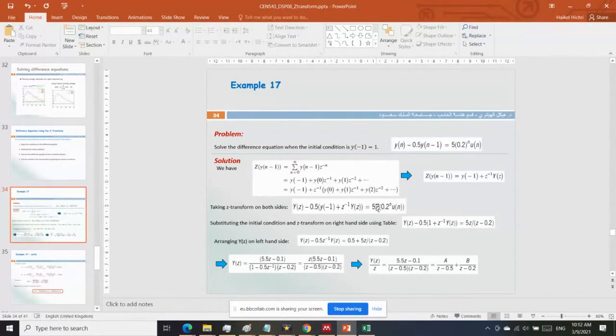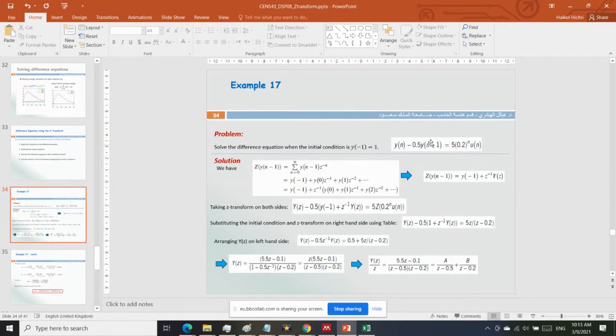So the first step, as we said, is we apply the Z transform. So the Z transform of yn here is big YZ. Now what is the Z transform of this part? Well, this is just a shifted version of y.